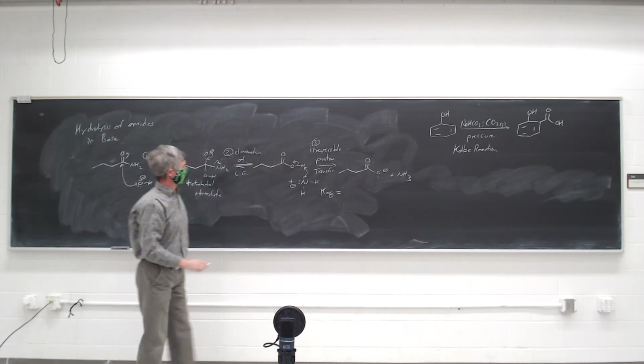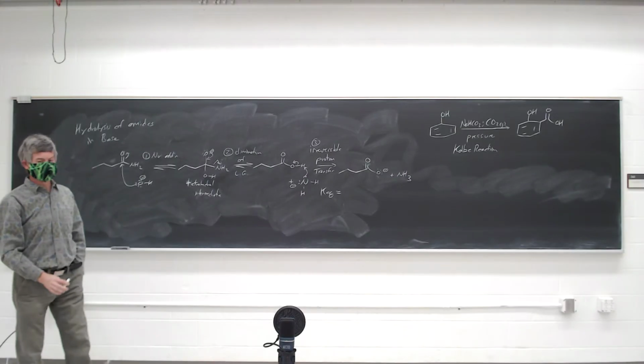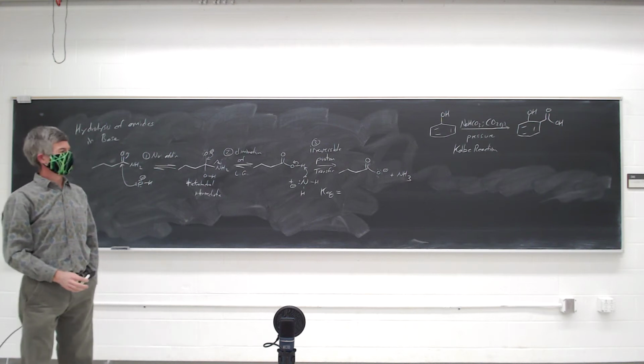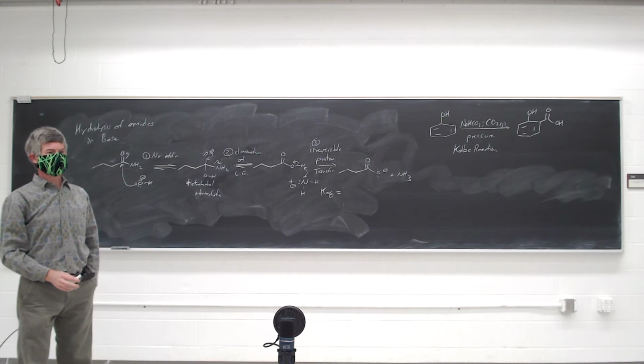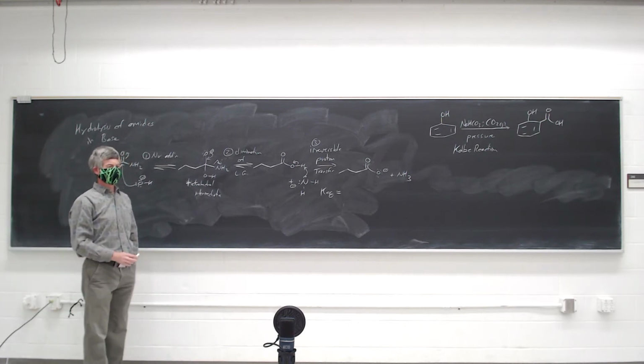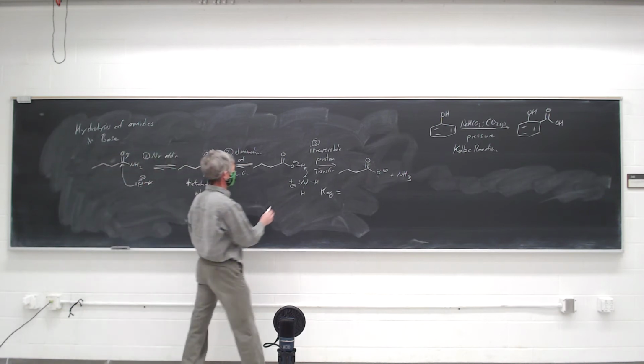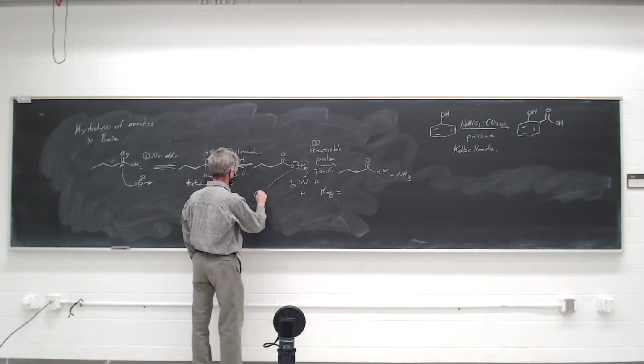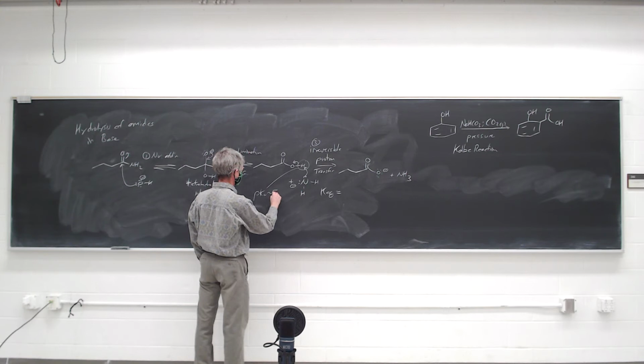Who wants to tell me what the equilibrium constant for that reaction is? In order to do that, we need to know the pKa of the hydrogen of the carboxylic acid, which is around 5.